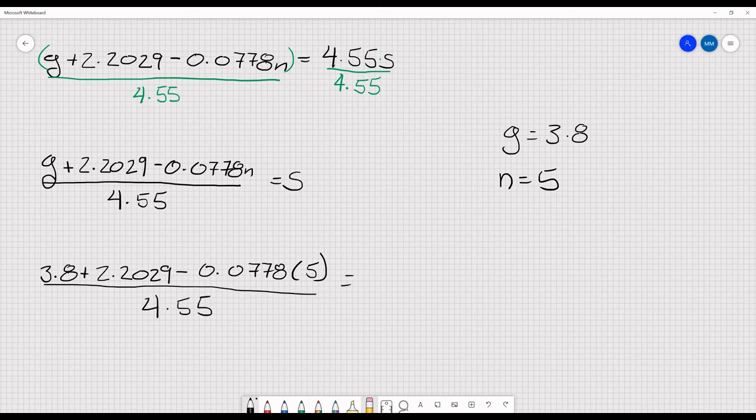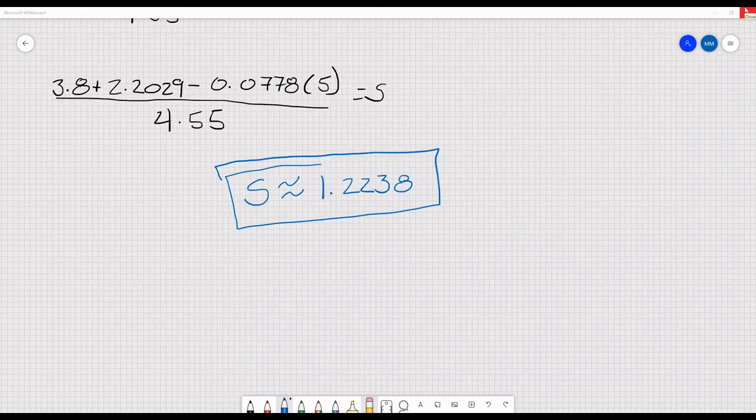And that will be our desired S. At this point, it's a calculator question. Plug and chug into the calculator. So having asked my trusty calculator, it tells me that S is approximately equal to 1.2238. That's 1.2238 syllables per word is what Autumn should go for.